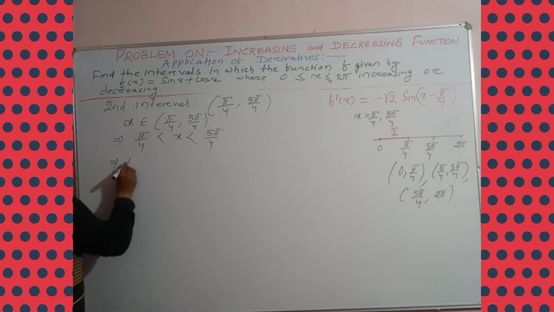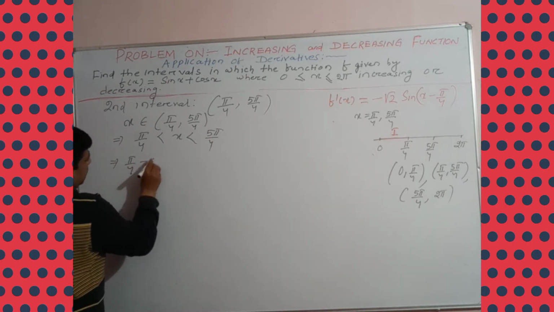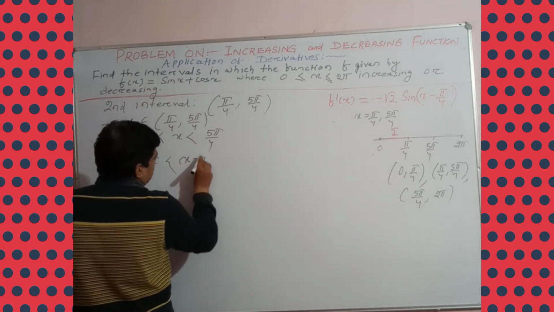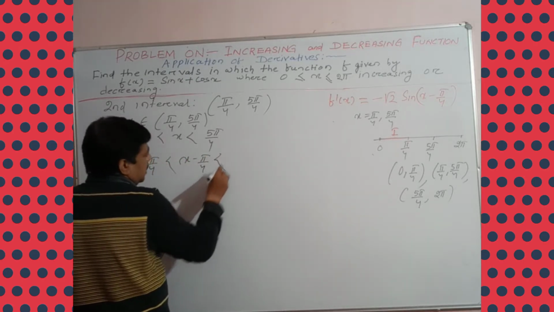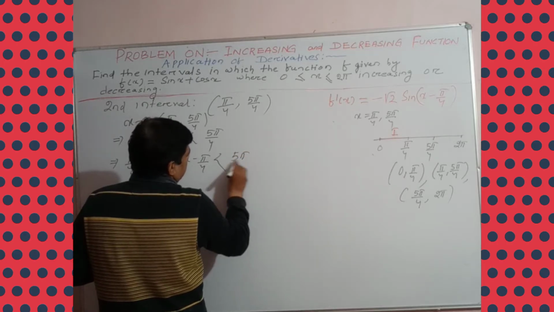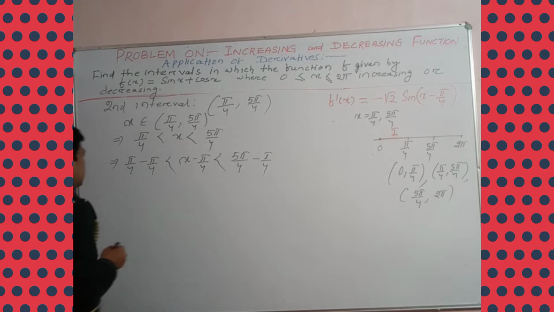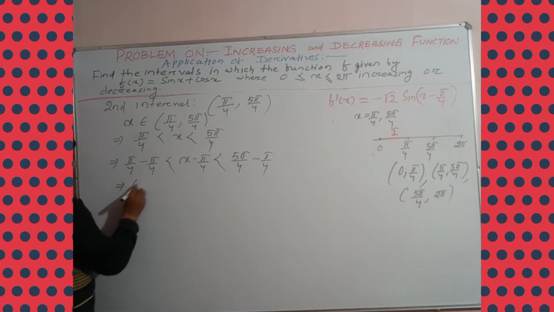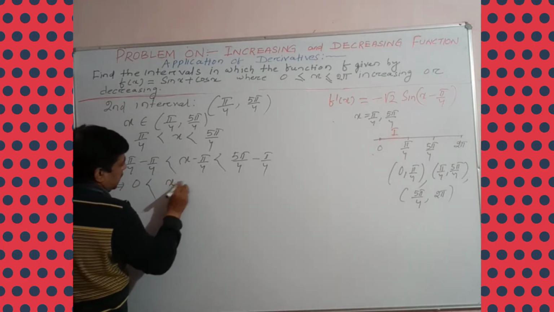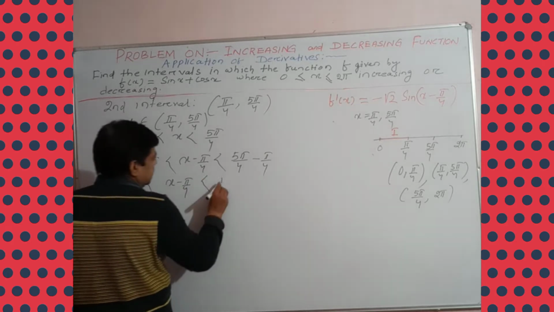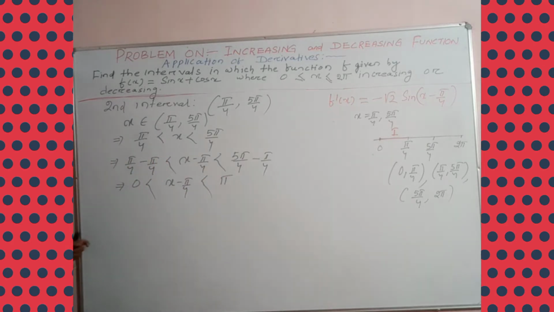Understand? Now pi by 4 minus pi by 4 is less than x minus pi by 4 is less than 5 pi by 4 minus pi by 4. Is it clear? That implies 0 is less than x minus pi by 4 is less than pi. Understand or not?